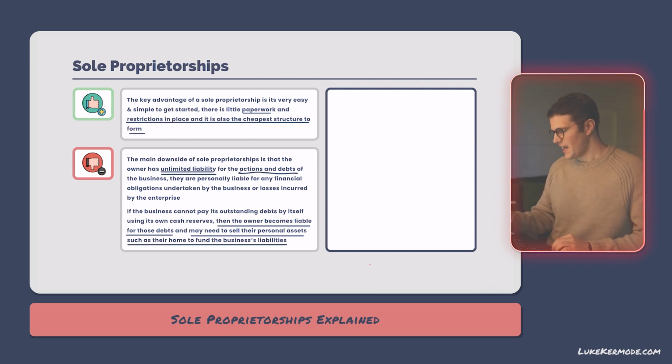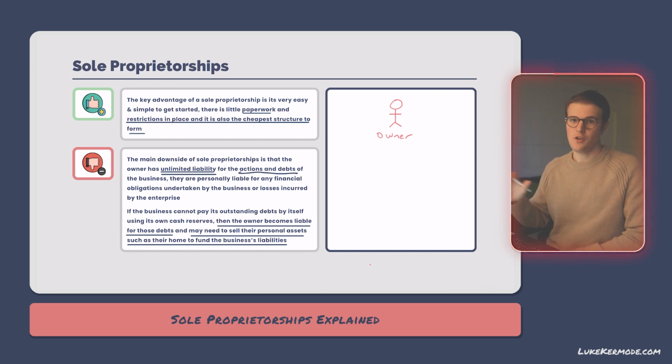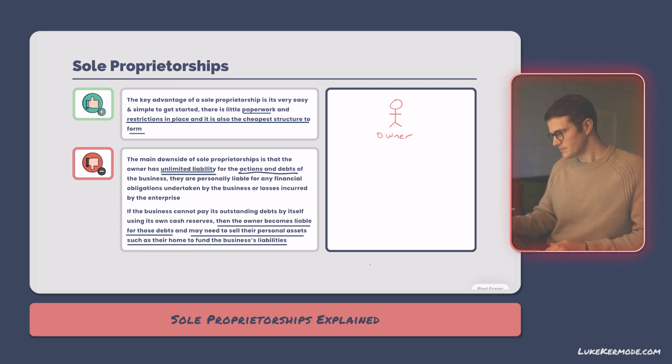Okay, so let's just do a quick sketch, just to make sure we're completely clear how this structure works. So we have an owner. This is a single owner, so you can't have more than one owner in the business.